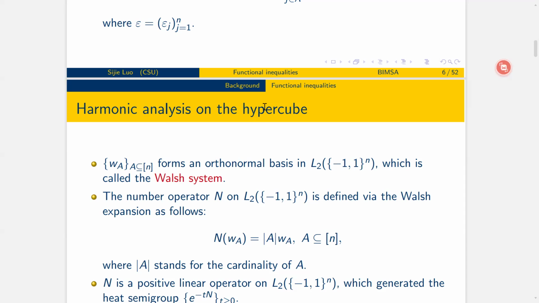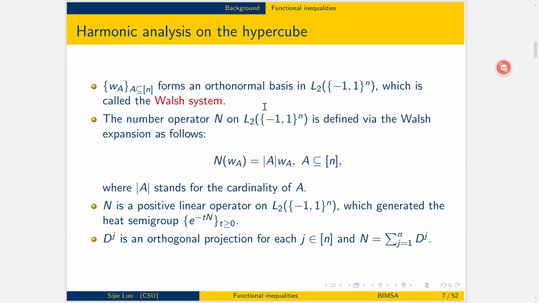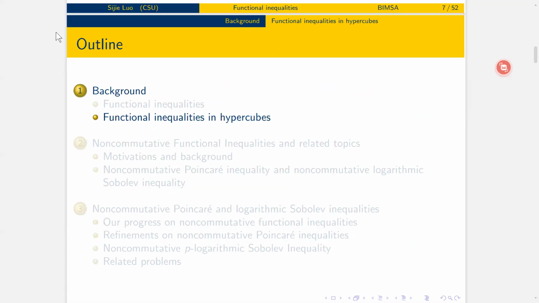This is the number operator, or another name is the Laplacian operator. Then we can also use it to generate a semigroup. The relation between the Laplacian operator and the partial derivative is as follows. This is the spectrum.